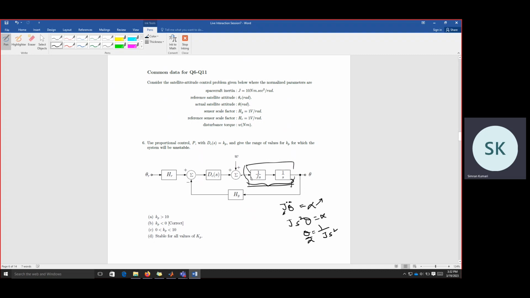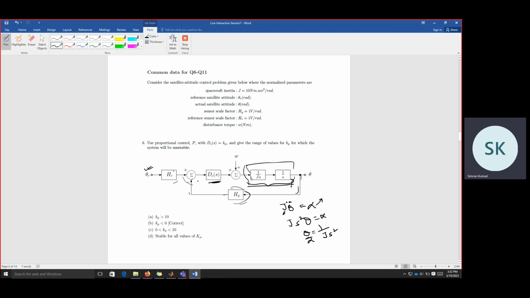Now what is the input to this? There is a controller, DCS, and it is taking the error. So we have this reference. This is a feed forward gain, so that we can have the desired reference. And then this theta is being measured through this sensor, which has this transfer function Hy, and this is being passed to the controller.